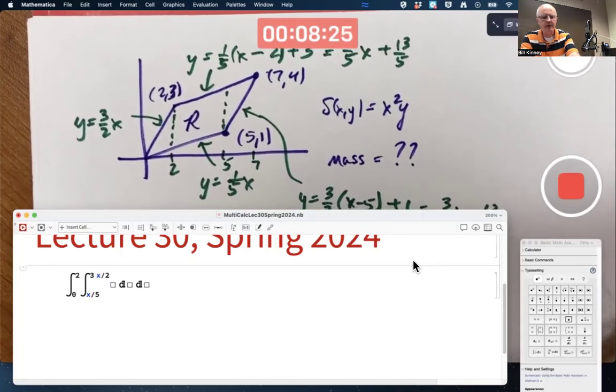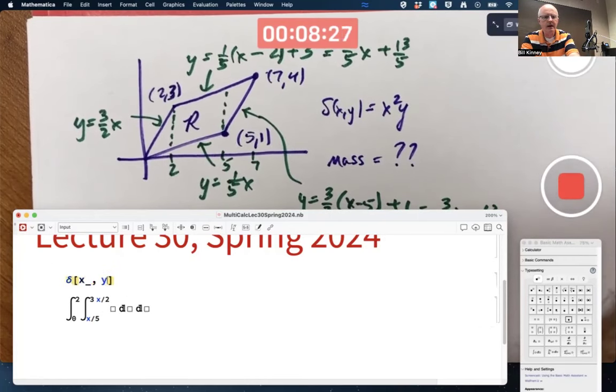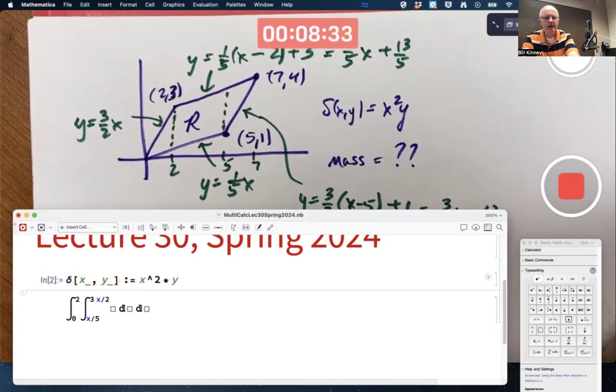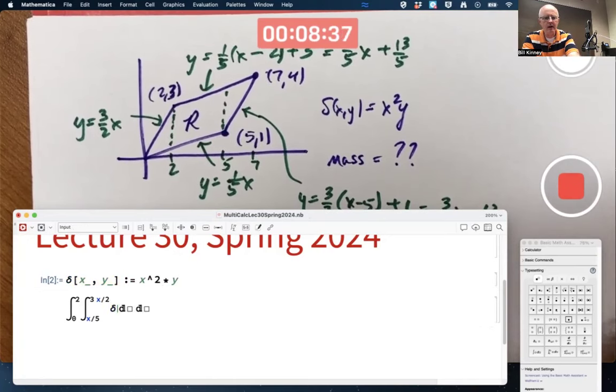Should define my delta function first, maybe: x squared times y. Put it in here, dy dx, careful to get that order right.